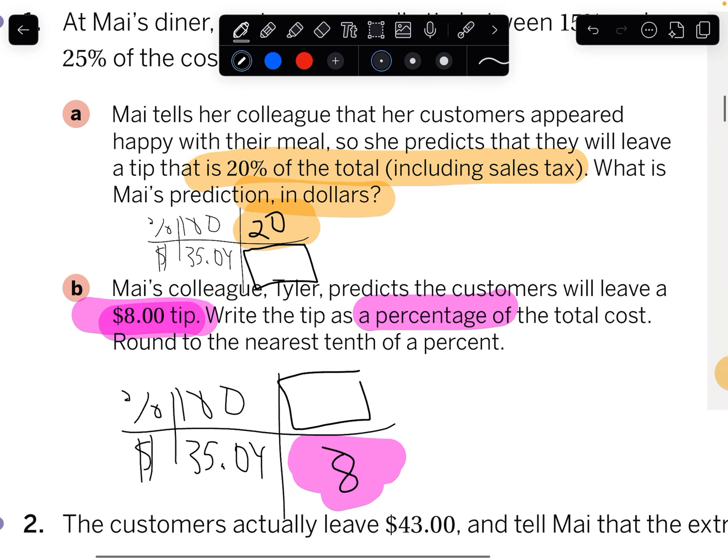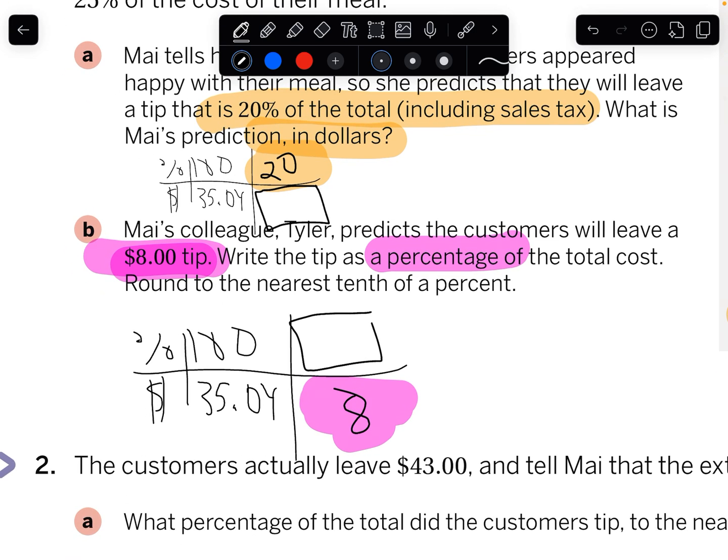So just do these the same way you've been doing every other problem, where you went divided by where you started. 8 divided by 35.04. That's about 0.22 or 0.23. So that's what you multiply 100 by.